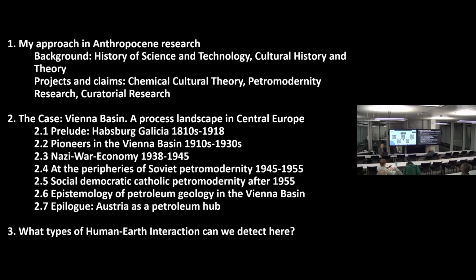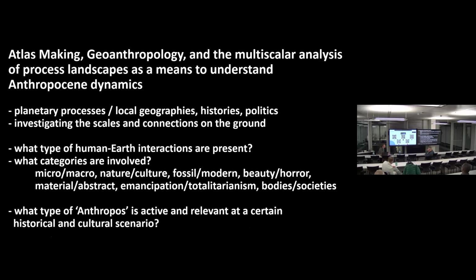But I don't tell you the story just because of the story, but to use this as a showcase of how to connect the local spheres and the planetary spheres in the Anthropocene. That's why I understand this as an interesting process landscape, and I'll tell you what I understand by a process landscape.